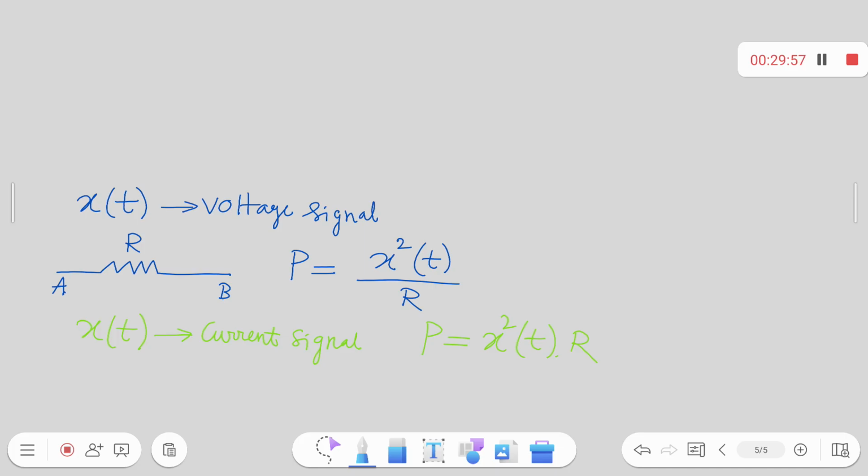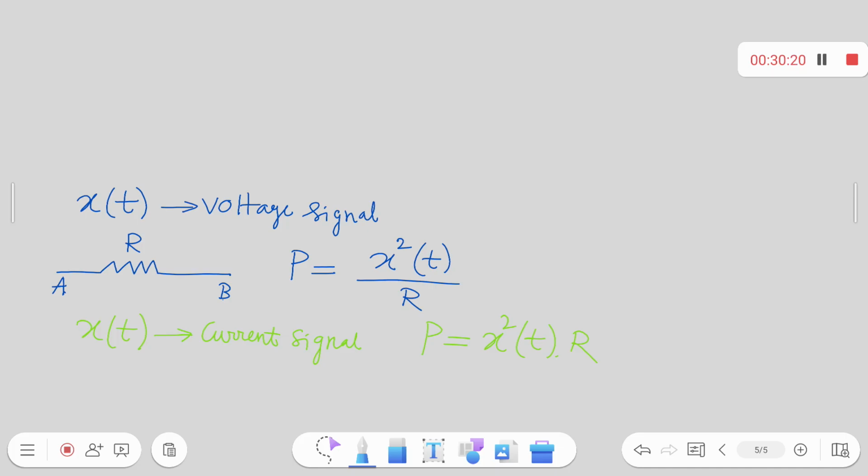So typically, how do we find out the power of any signal, the instantaneous power? This is not the total power. Remember, it's p of t, a function of time. It's basically the function that tells, at any particular time, what is the power getting dissipated. How to calculate?